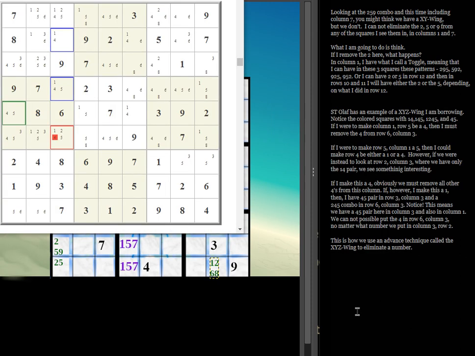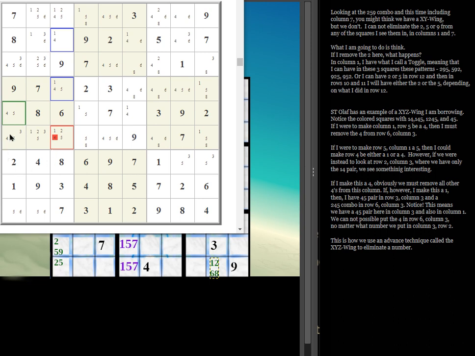St. Olaf has an example of an XYZ-Wing I am borrowing briefly. I notice the colored squares with 1, 4, 1, 4, 5, 1, 2, 4, 5, and 4, 5. If I were to make column 1, row 5 be a 4, then I must remove the 4 from row 6, column 3.